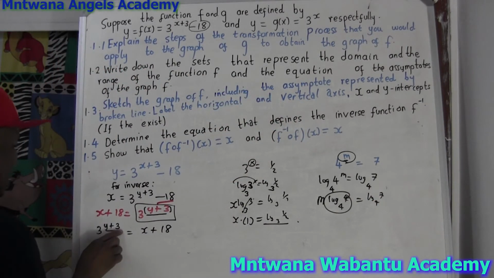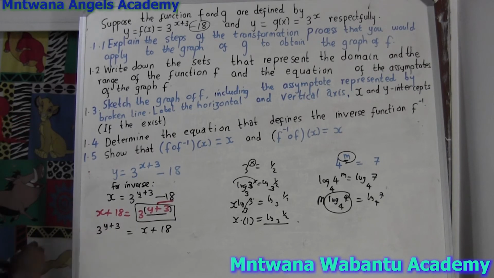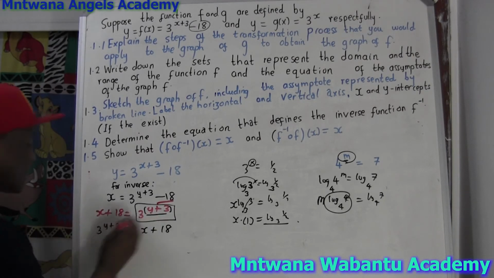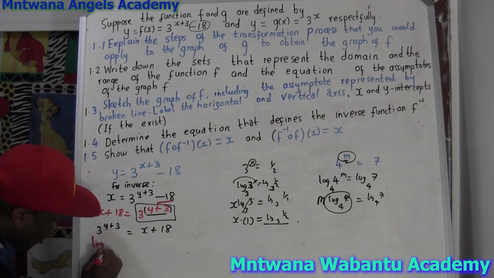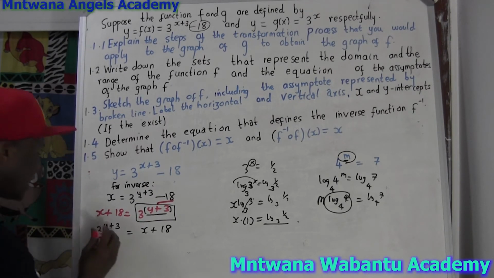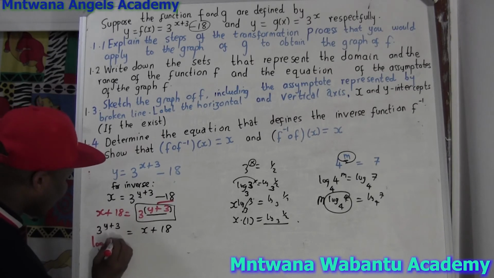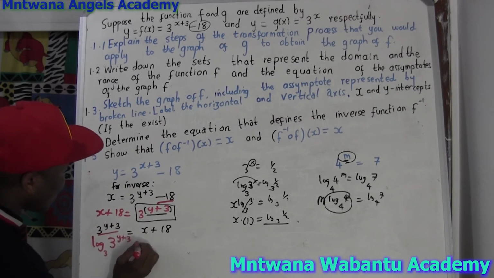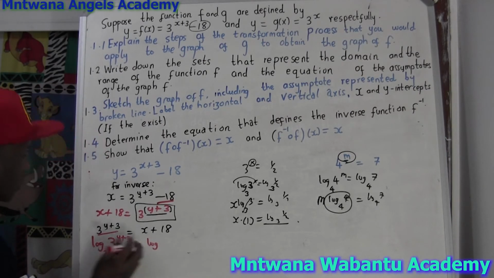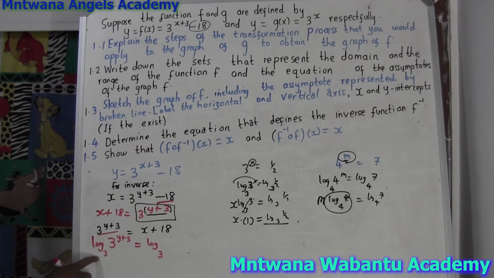So I'm going to do the same thing here: apply log left and right side. I look at this number 3, so that log must be under base 3. Then we still have 3y plus 3 equals log, also under base 3 as well. You know why I do this? I want to get rid of something here.